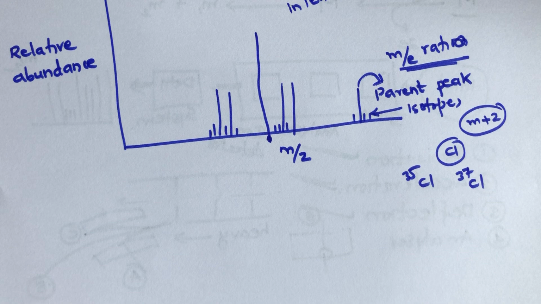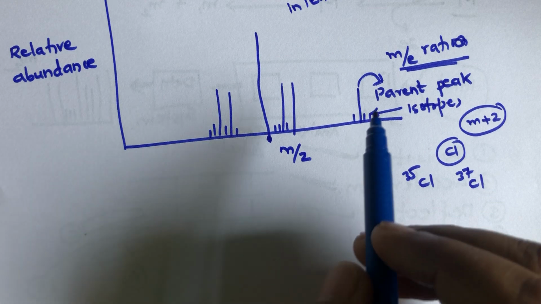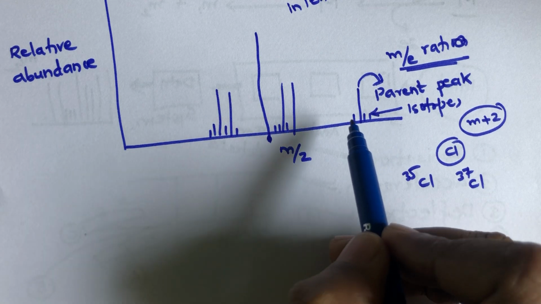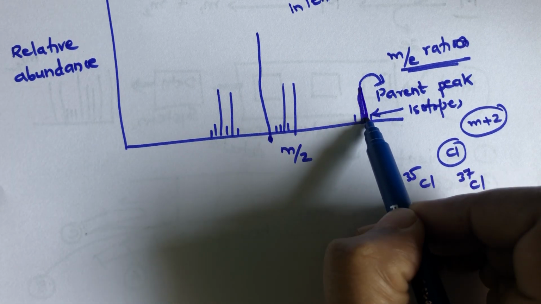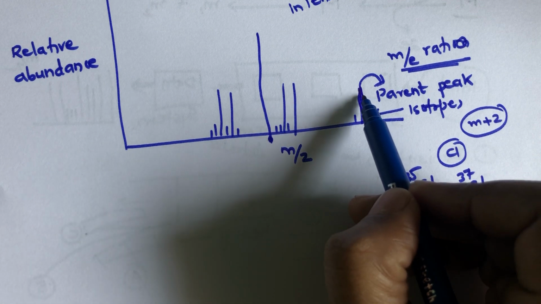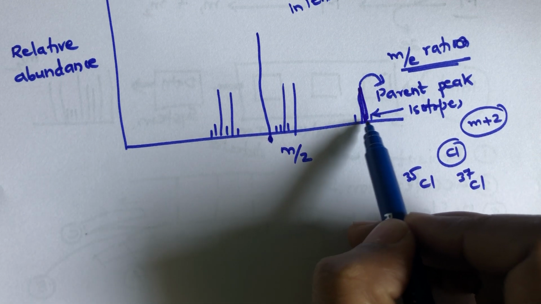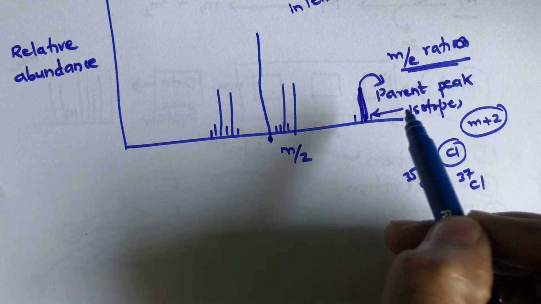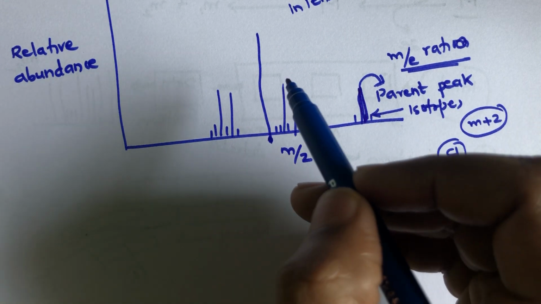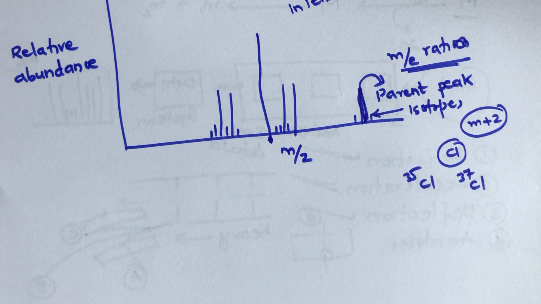So, the parent peak is a peak that depicts the ion of the molecule without fragmentation, the molecule you get once the ion is formed. If there is an isotope, you get other smaller peaks at the m+2 or m+1 value based on the isotope. Then comes the base peak, which is the most intense peak.